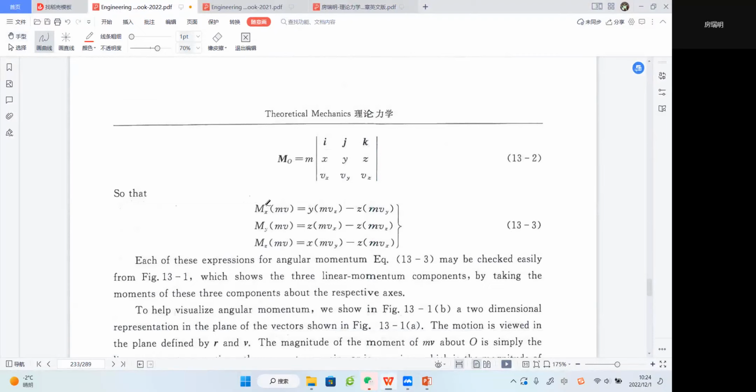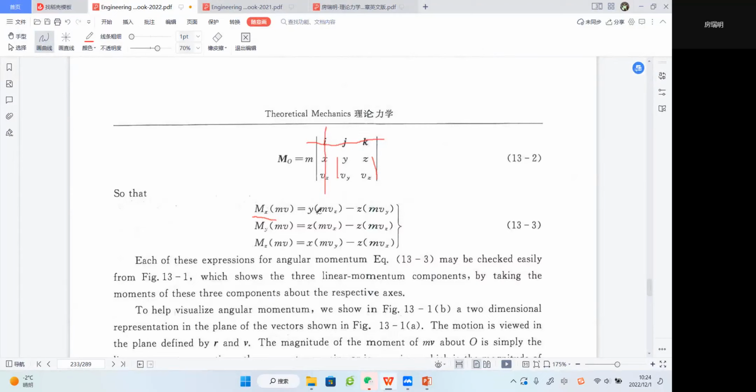When we try to find Mx, we cut the first row and the first column. Then we have a determinant calculation. Actually this one you can find from this sub-determinant, which is y with z, because we also have m.